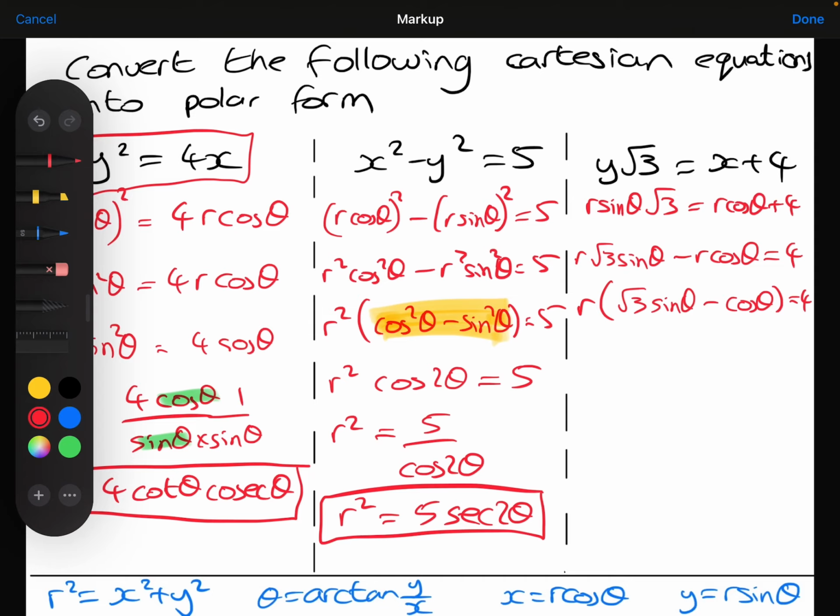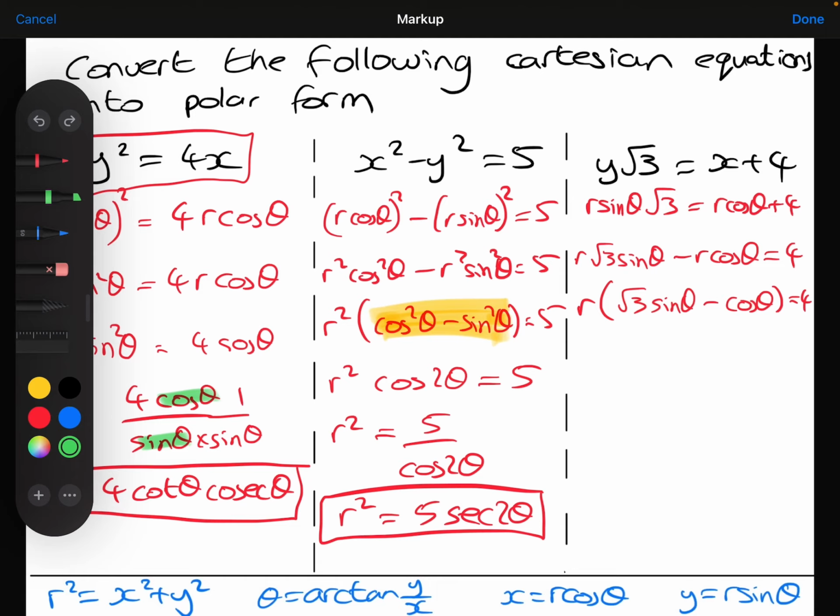At this stage, we would like to be able to do something with this like we did with this. We'd like to be able to group those terms up if we can. But it's pretty tricky to be able to see how to do that. Like I was saying before, you guys need to be really good at your trigonometric identities now.